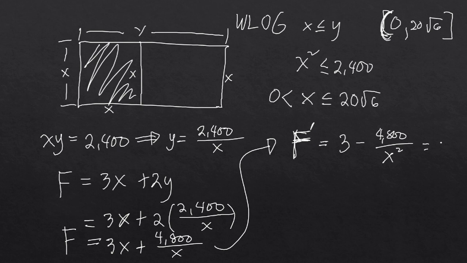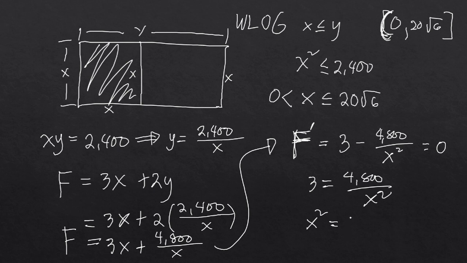In this case, we will equate it to 0, and we will be solving for x. It becomes 3 equal to 4,800 over x squared. And you can exchange the two. So you have x squared is equal to 4,800 divided by 3.